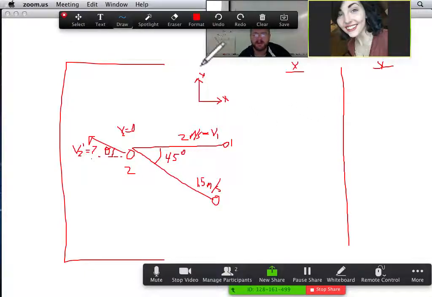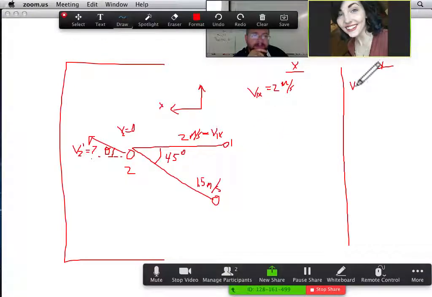It's my guess, so I'm actually going to switch this around really quick. I'm going to call this velocity 1, and my x direction is going to be to the left, because that's probably what they're doing, is my guess. So that's going to be my positive x direction. So this is actually velocity 1x, because it is moving in the x direction, and it is the x component. So velocity 1x is just going to equal 2 meters per second. Right?